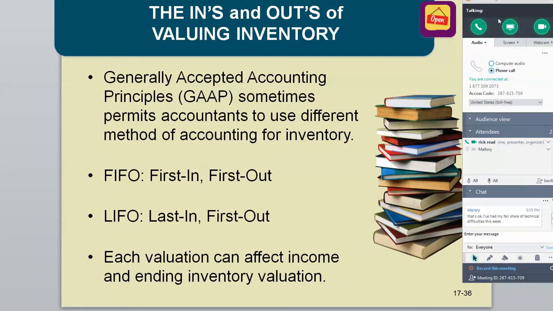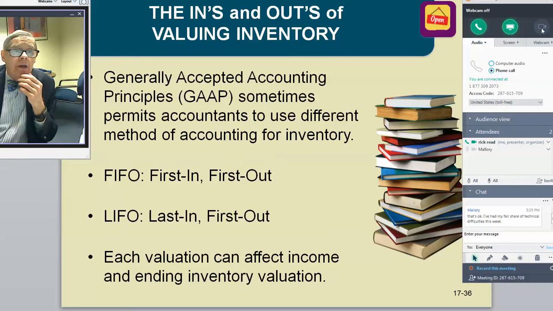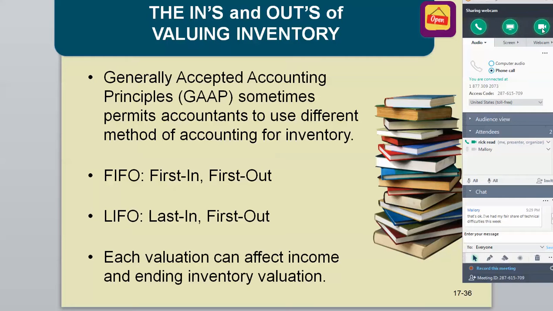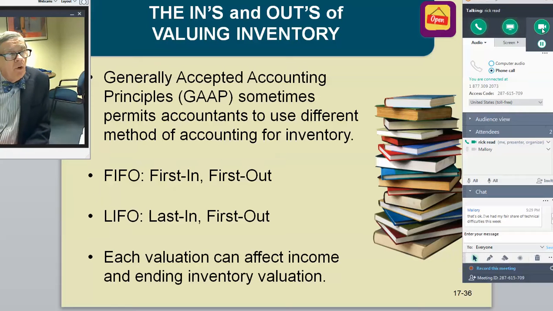Two kinds of accounting, and I'm not going to go into this a great deal, but you need to talk to your accountant and you need to have one system. It's either first in, first out, or last in, first out. And depending upon which one you do, it's going to change, or as the slide says, affect.